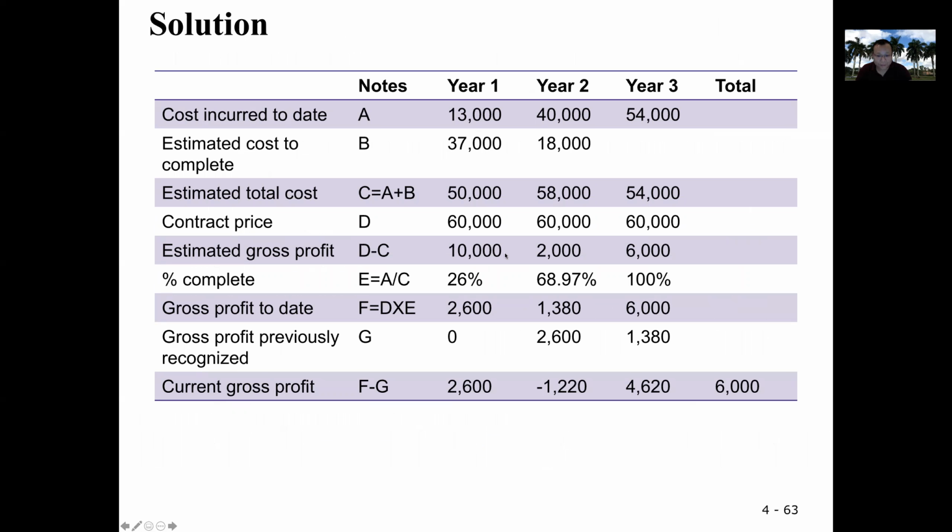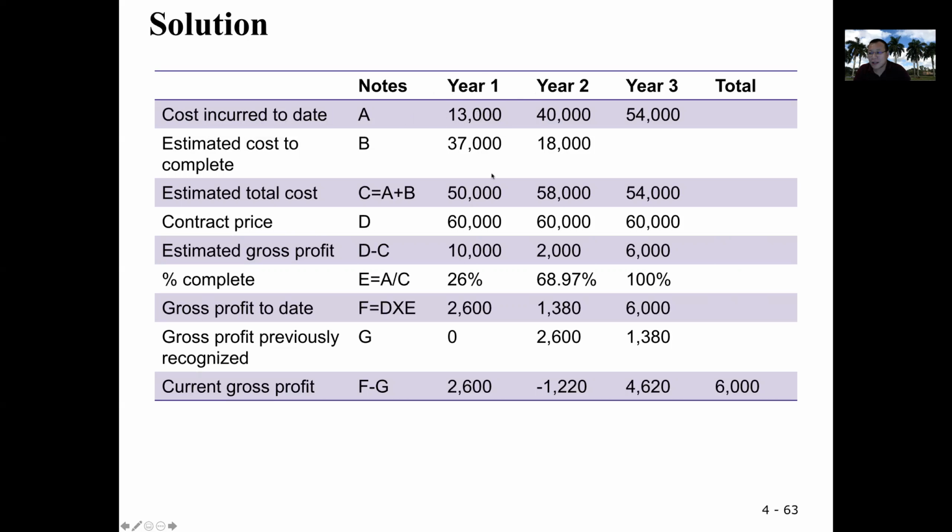So in year 1, this is the first year of the contract. The actual cost is 13,000. At the end of year 1, they expected that the additional cost to complete the project is 37,000.